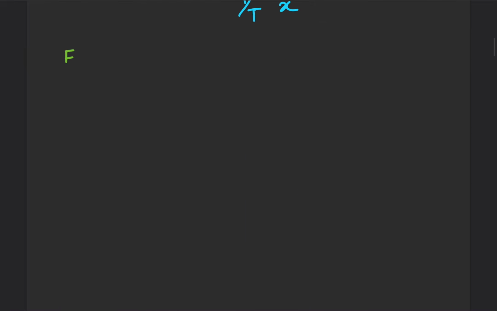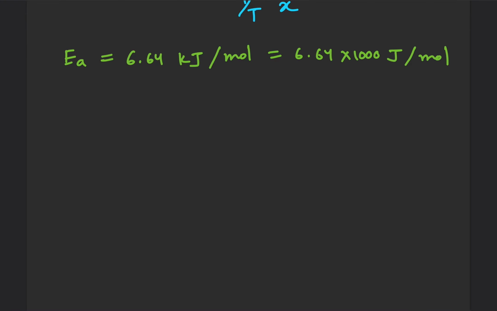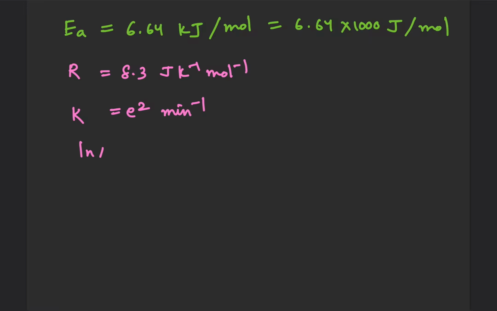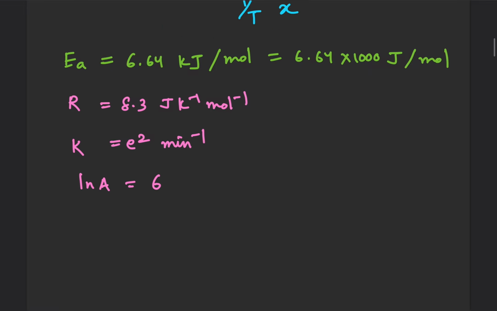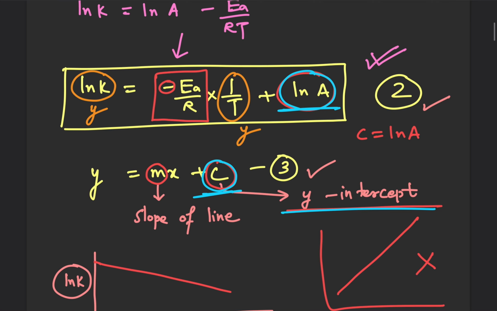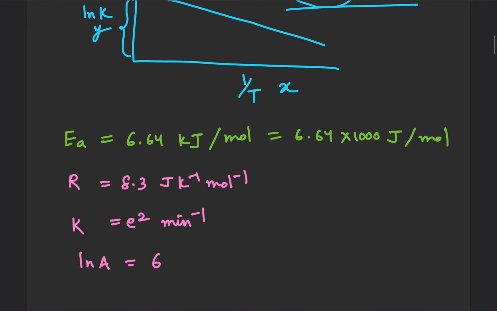They have also given EA, the activation energy, as 6.64 kilojoules per mole, so I can write this as 6.64 into 1000 joules per mole. Next, they have given us the value of R, which is 8.3 joules Kelvin inverse mole inverse, and k, the rate constant, as e square minute inverse. Using these values and the value of ln A as 6 in equation 2, I can substitute.